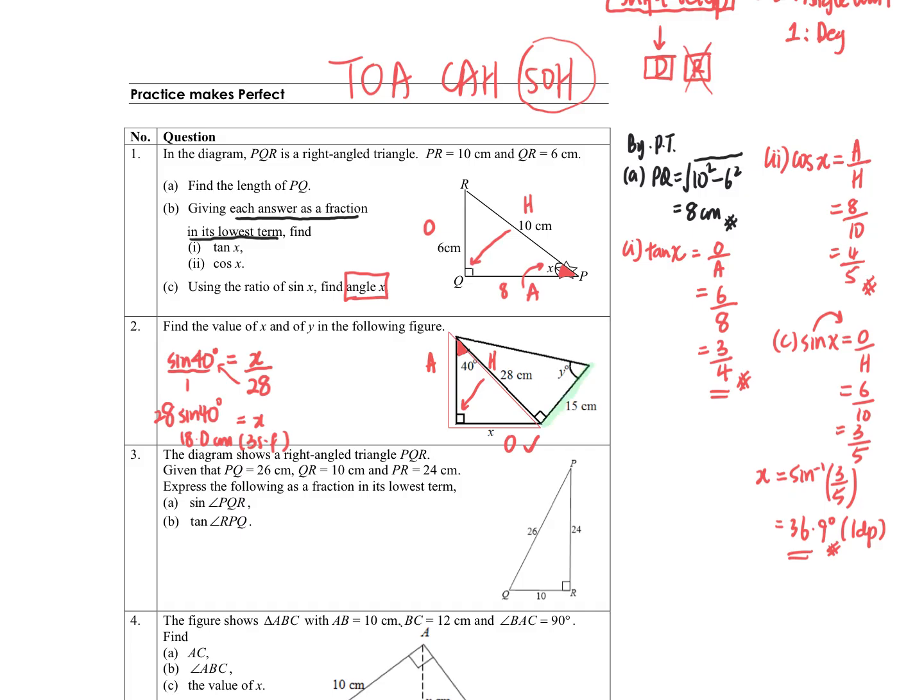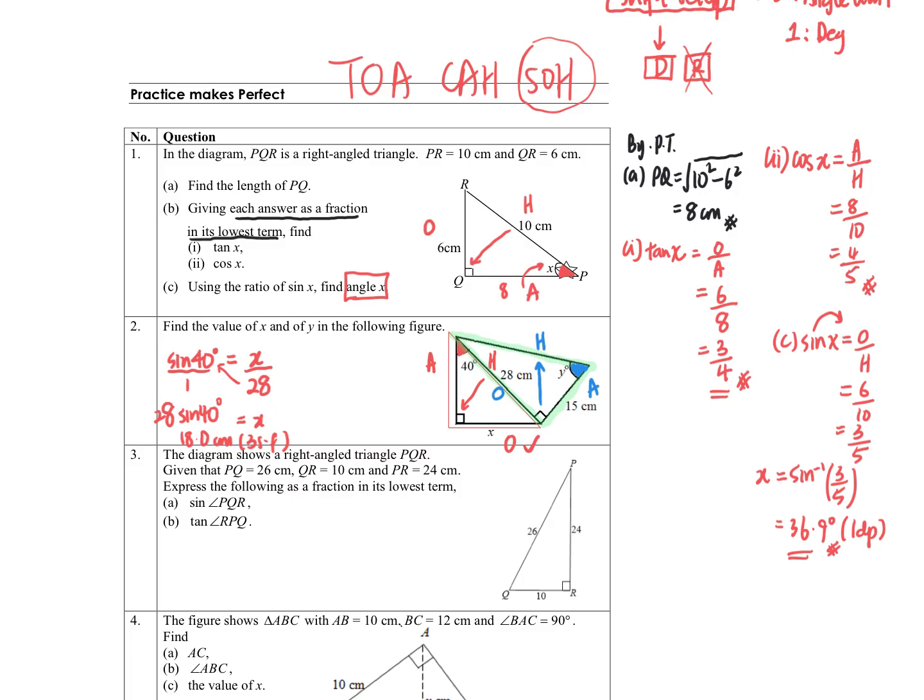Okay, next triangle to focus on, the green one. So remember, no matter what, when you have a right angle triangle, go and identify the HAO first. So H is opposite the 90 degree. Since your angle is here, so adjacent side is next to it. And then this part here is your opposite.